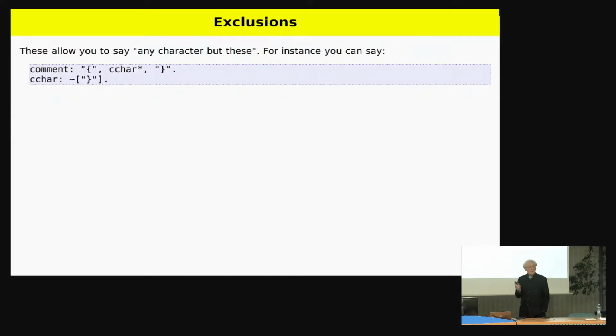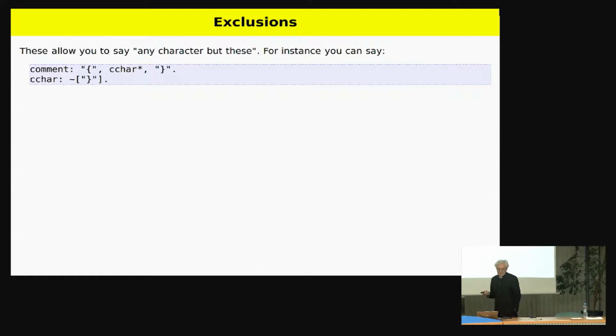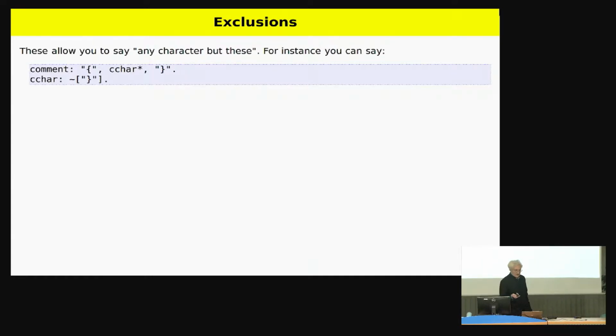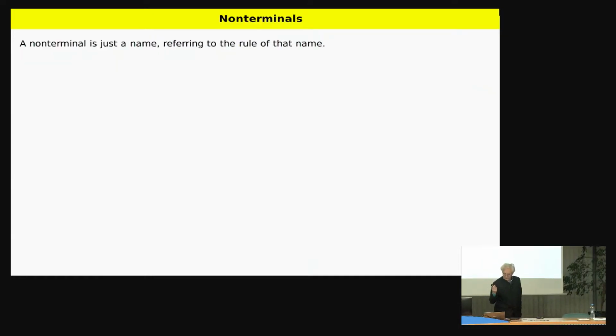One other thing that you can do is exclusions, which says any character that's not in this set. So for instance, if you wanted to define a comment as a bunch of characters enclosed with curly braces, you can do it this way, and you say that in the middle is 0 or more C characters, and a C character is anything that isn't a closed brace. So again, absolutely essential for a lot of things that I've had to define.